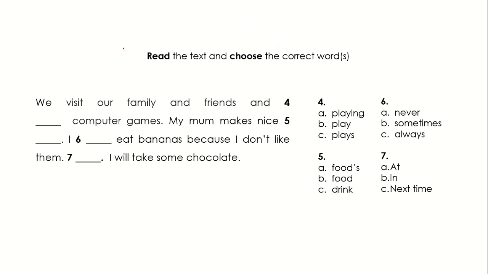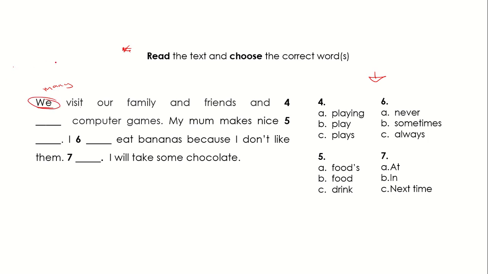In this section, we will put our grammar rules to the test. Let's see if we can read this and fill in which words are missing by circling them over here. So it says we. We is not one person, it is many, so more than one. We visit our family and friends and playing, play, or plays. Let's look at we again.